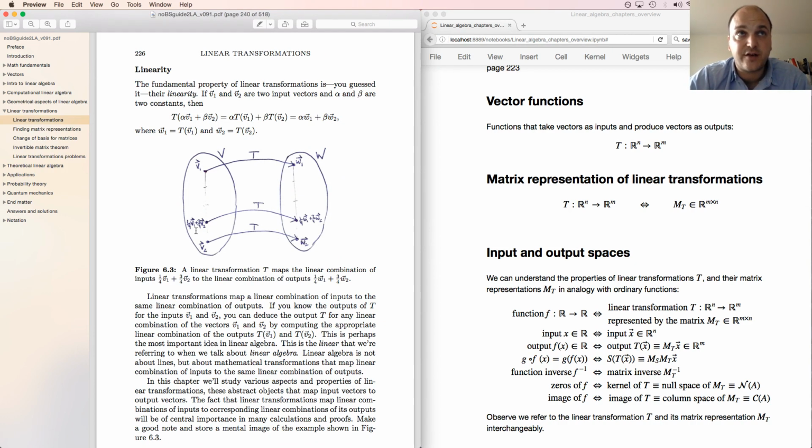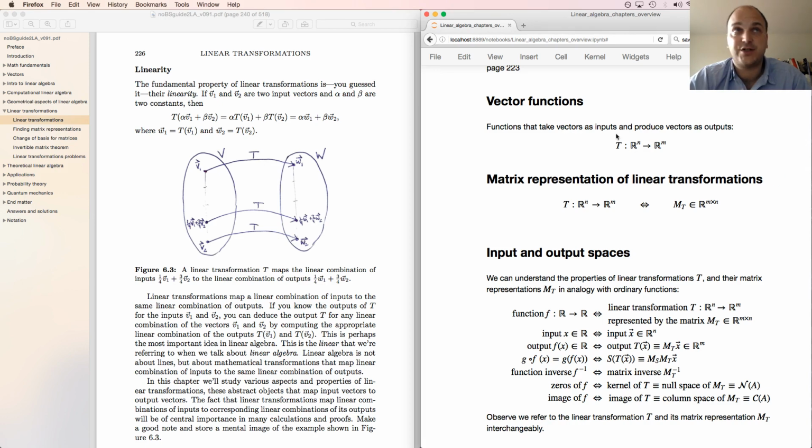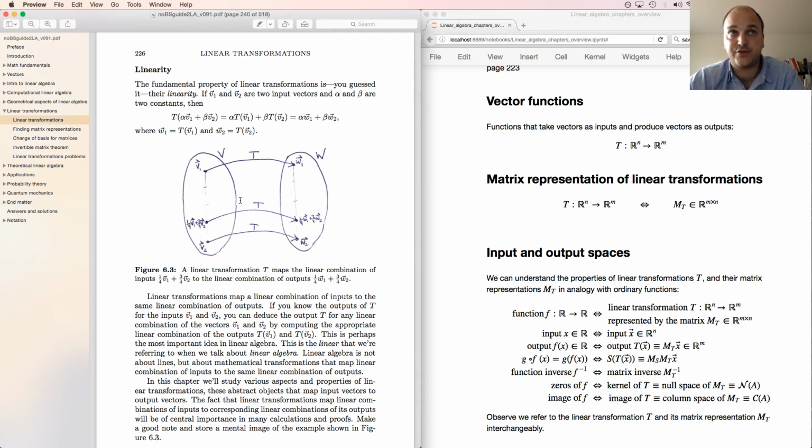Imagine the distance between V1 and V2 is divided into 4 parts; the input will be 3/4 of the way to V2. The fact that it's a linear transformation tells me that the output of this linear combination is exactly 3/4 of the way between the two outputs. This is an extremely powerful technique to know about linear transformations, and it's kind of the whole reason why we use them so widely.